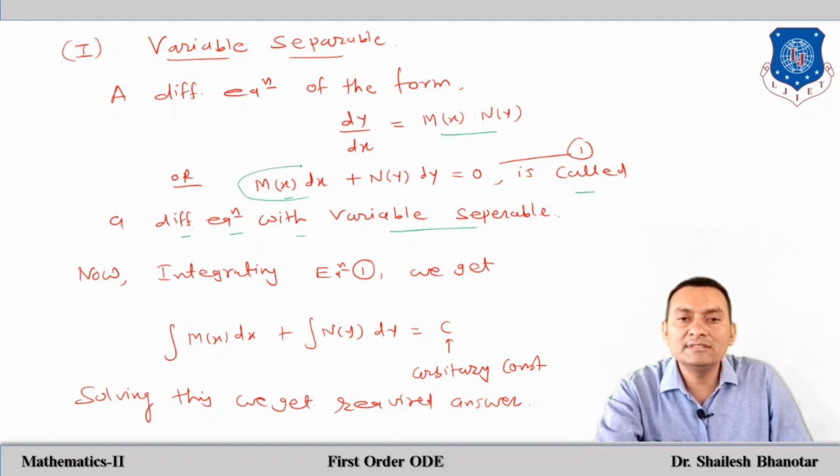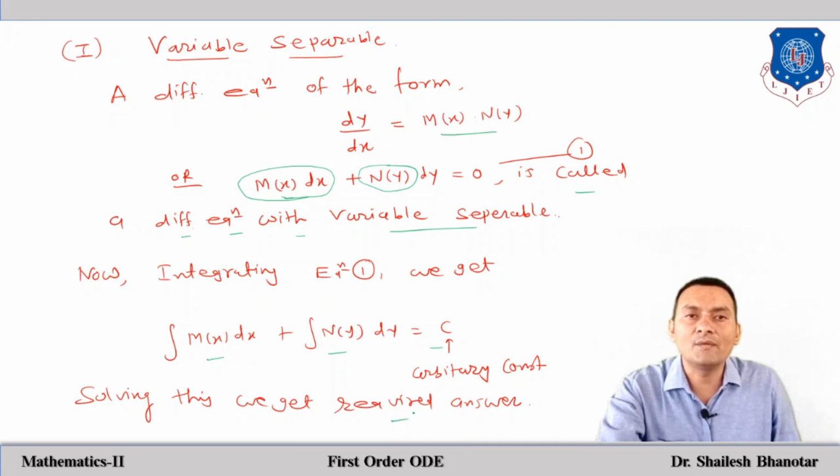Here you can observe this is a function of x and this is a function of y. That means we have a separate form, so we can integrate with respect to x as well as with respect to y. Integrating equation number 1, we get this, and after integrating a constant c is there. Whatever we solve in this form will be exactly our required answer.